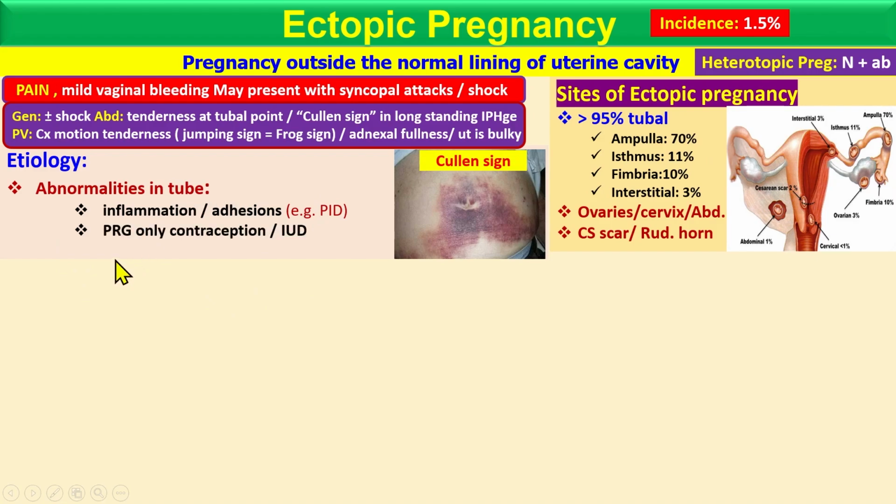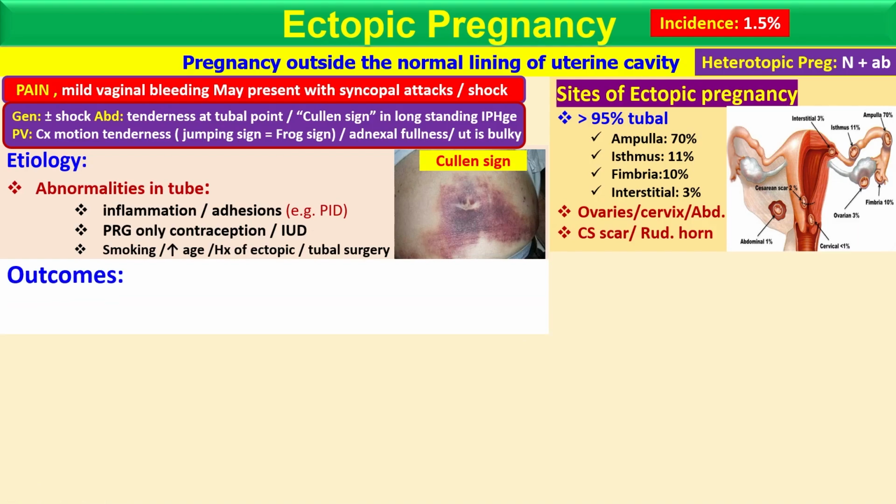Others are if someone is taking the progesterone-only contraceptive or an intrauterine device, which increases the risk. Also smoking, older age, a history of ectopic pregnancy, or a history of tubal surgery. All of these increase the risk of the ectopic pregnancy.